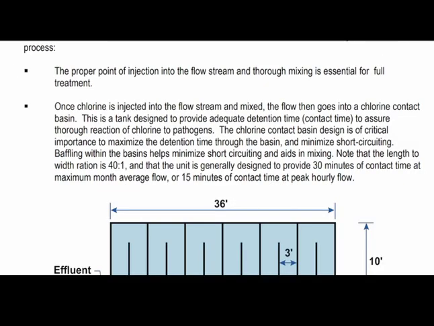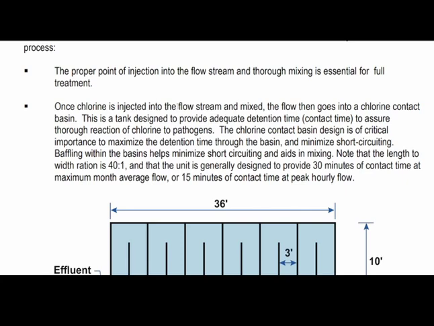Factors influencing disinfection. In addition to chlorine residual, there are a number of factors that influence the efficiency of the disinfection process. The proper point of injection to flow stream and thorough mixing is essential for full treatment.